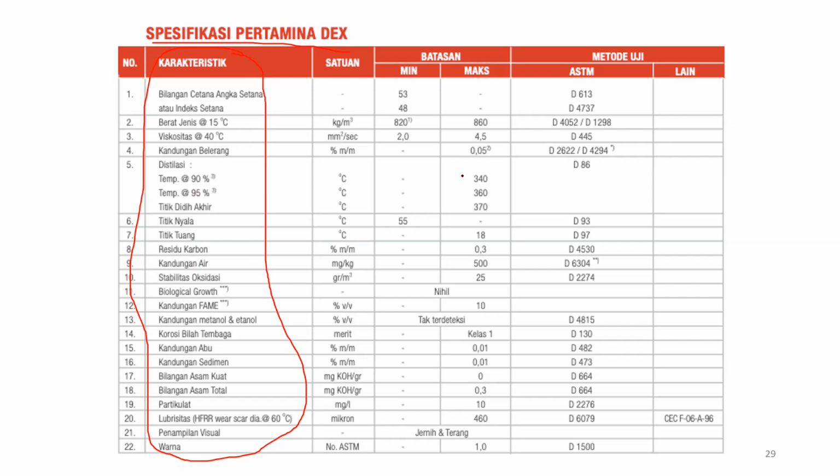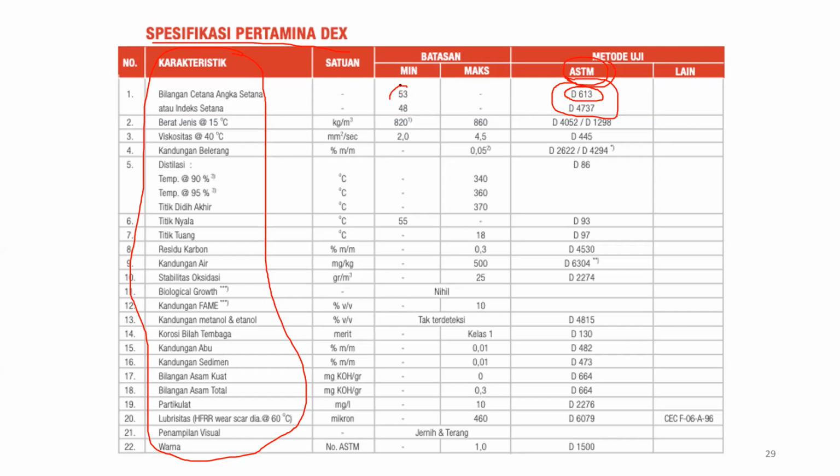It is actually based on the ASTM, or we call it the American Standard Testing and Material. So there will be standard procedures. If it is mentioned in here, for example, that the cetane number is based on ASTM D613, it means that the procedure to test the cetane number fulfills this standard, with boundary conditions stated in here.